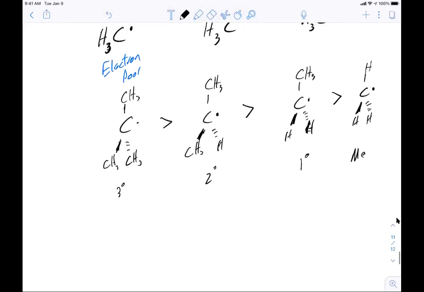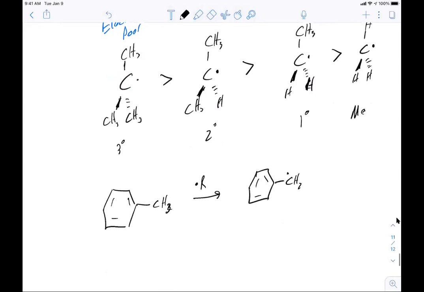We can also have stabilization based on resonance. So if we had this species reacting with a radical, we can have resonance using the homolytic versus heterolytic process.